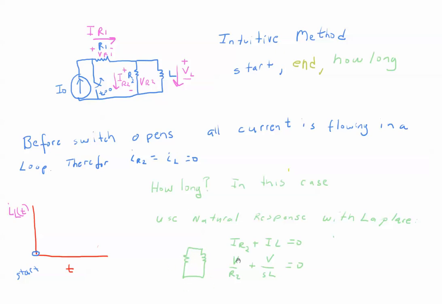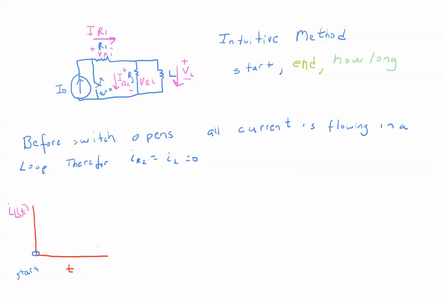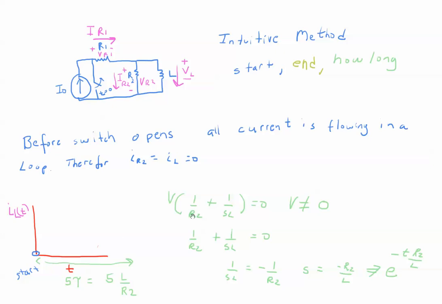I did it pretty quickly: the R2 current plus the inductor current equals 0, substitute the voltages, and collect the voltage. In this case, the voltage can't be equal to 0, because what we're trying to do is find the root, which will give us the time constant.